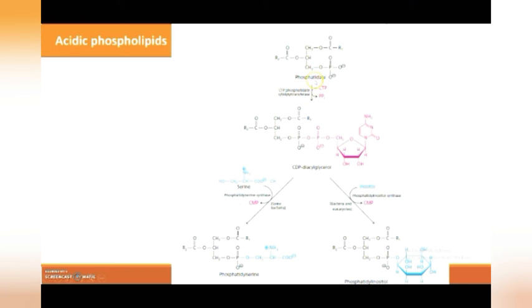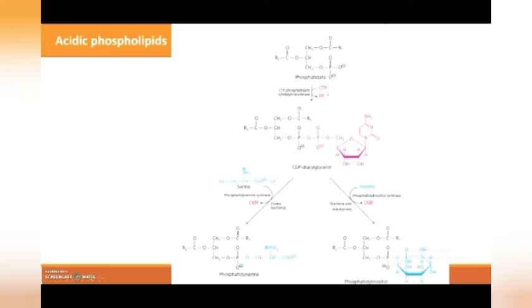But phosphatidate can also be a precursor, or the founder, of the formation of acidic phospholipids. But first, phosphatidate will be activated by reacting with CTP.